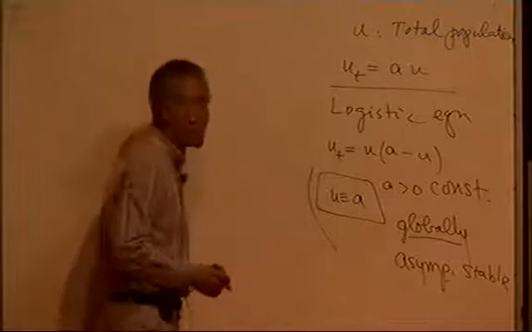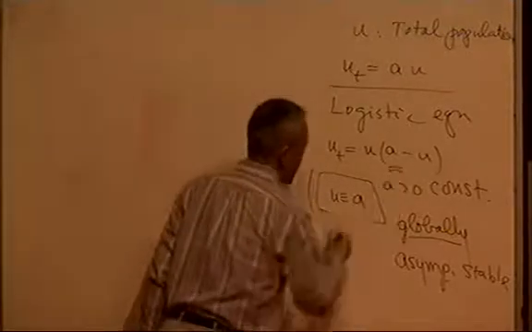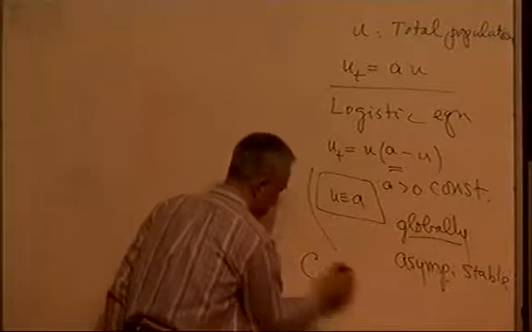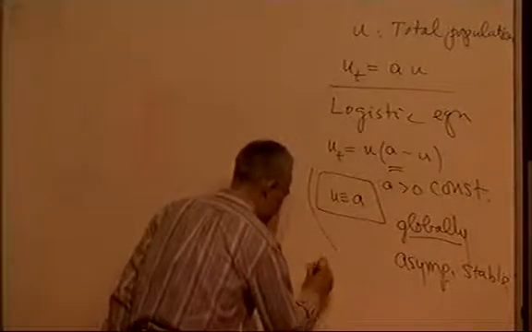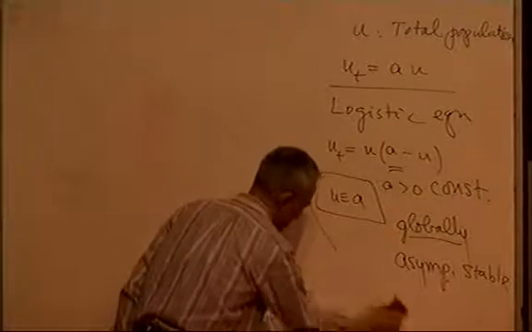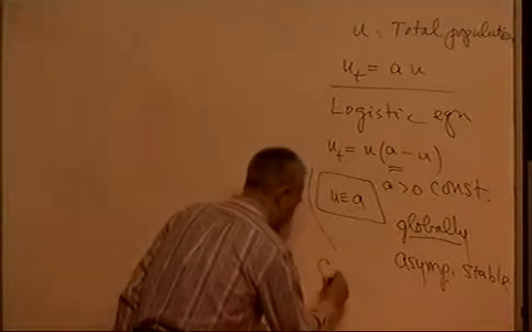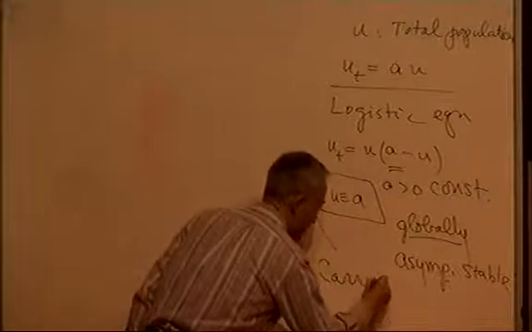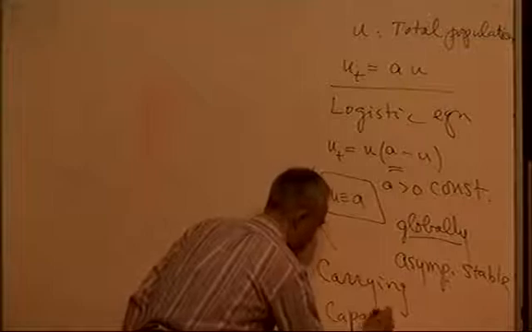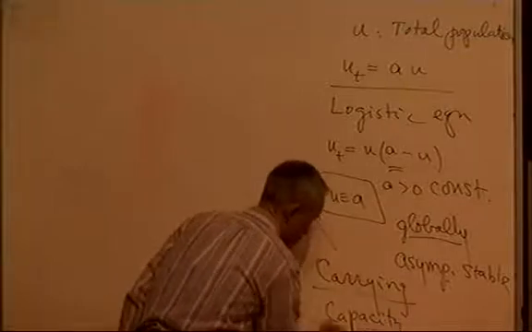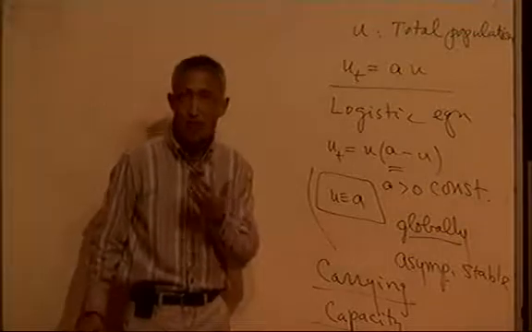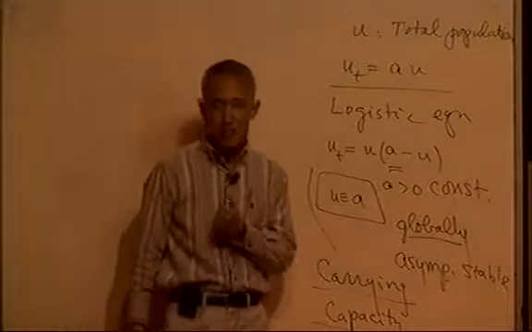And A is a name. From the model, we say A is the carrying capacity. In other words, A reflects the domain or the habitat capacity.